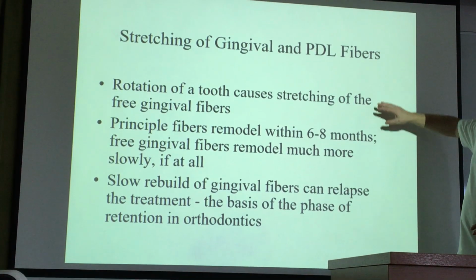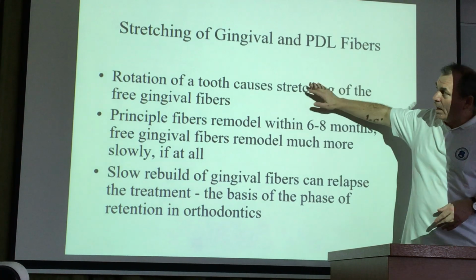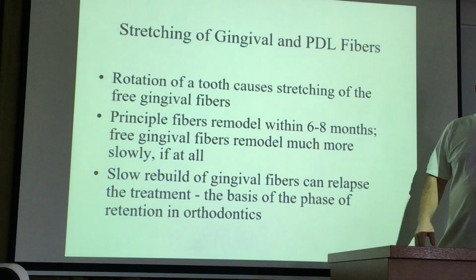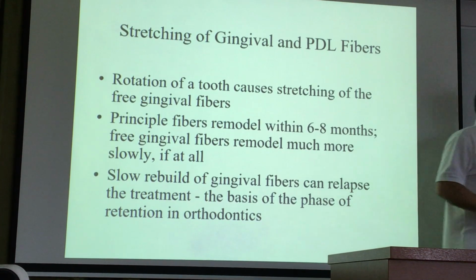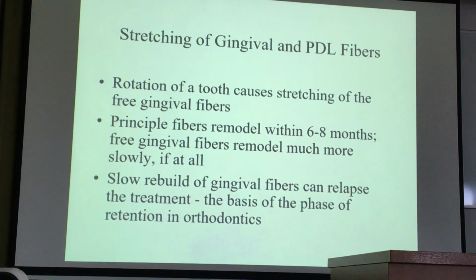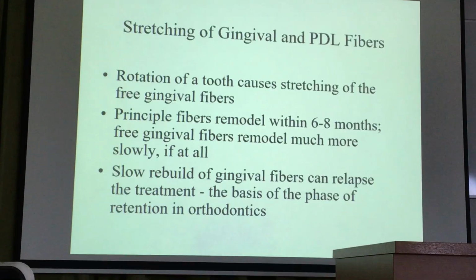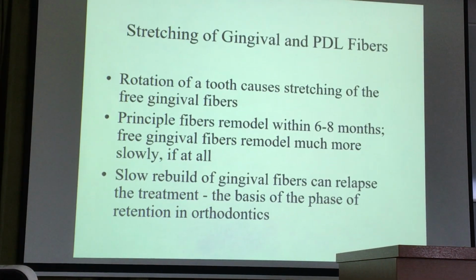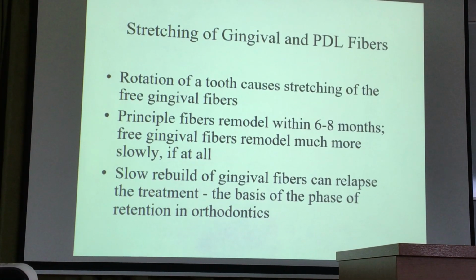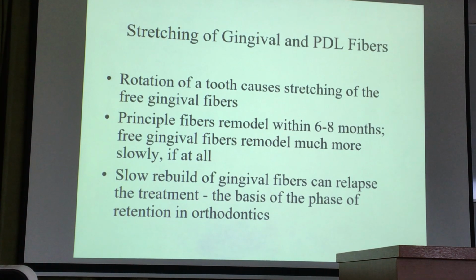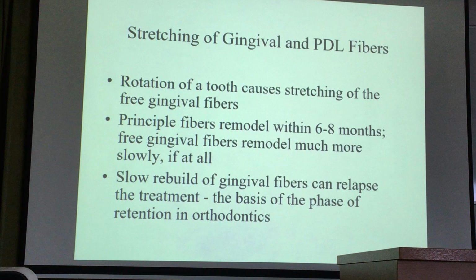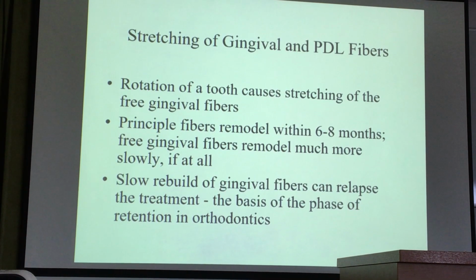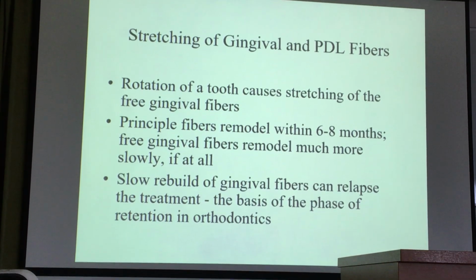The tooth movement. And I mentioned not just the bone, but the surrounding soft tissues are changed. We have, of course, the periodontal fibers and the gingival fibers. You will see remodeling in the periodontal fibers and the gingival fibers, but this remodeling in these soft tissues is very, very slow.